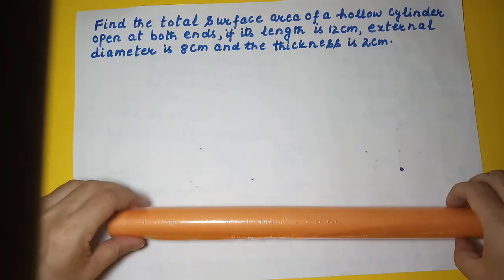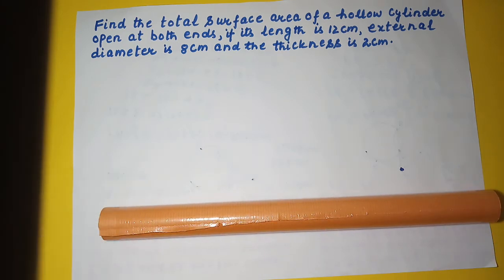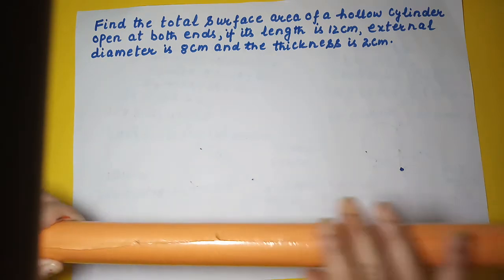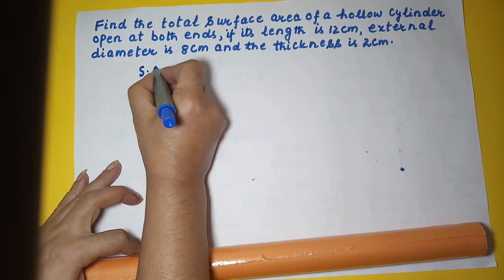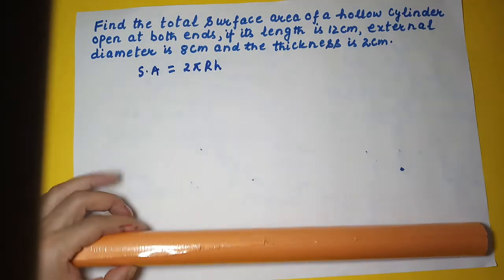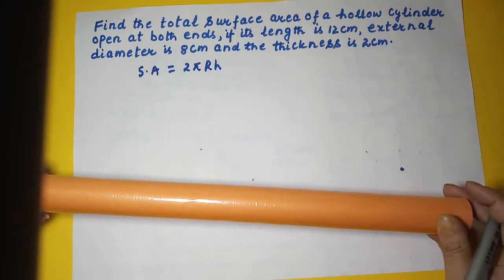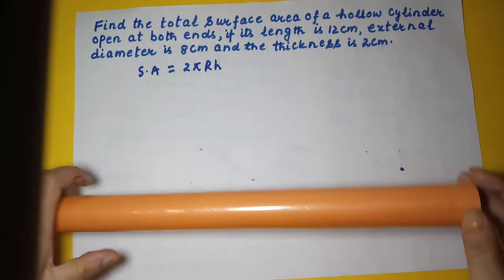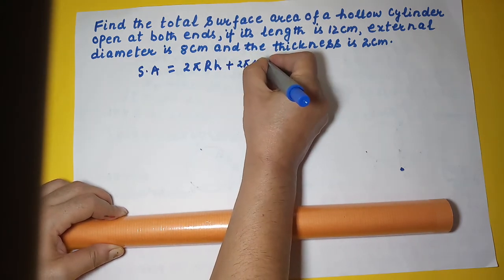So let's make the formula here first. What will be my formula for this? One will be this external surface area, and I know that the formula is 2 pi Rh, because this external will be having the radius as capital R, plus internal which I can touch inside, right? Plus 2 pi rh.